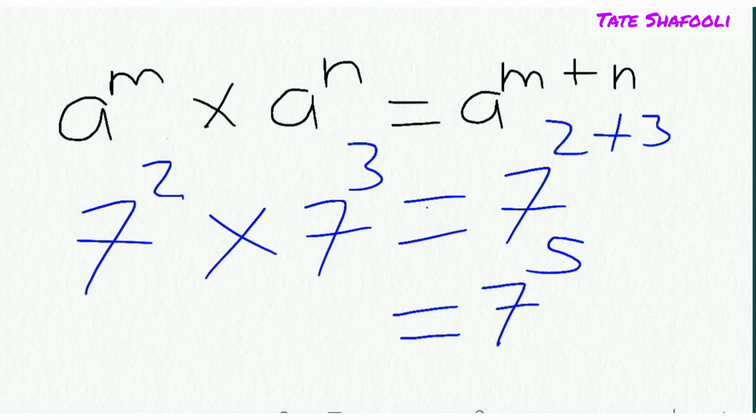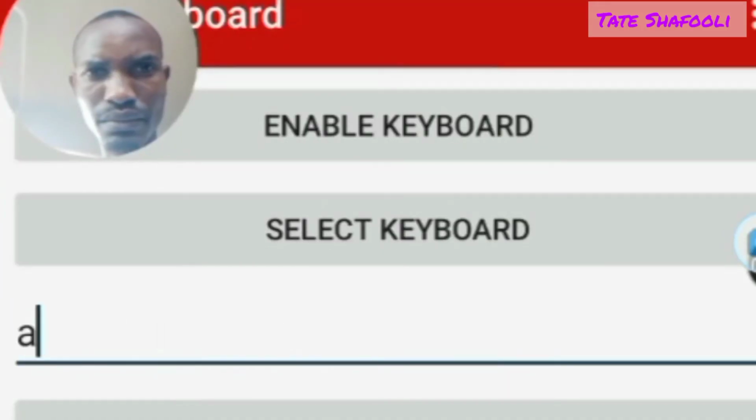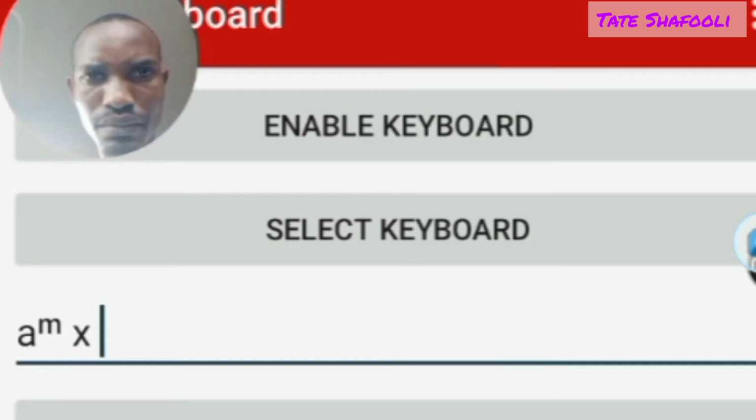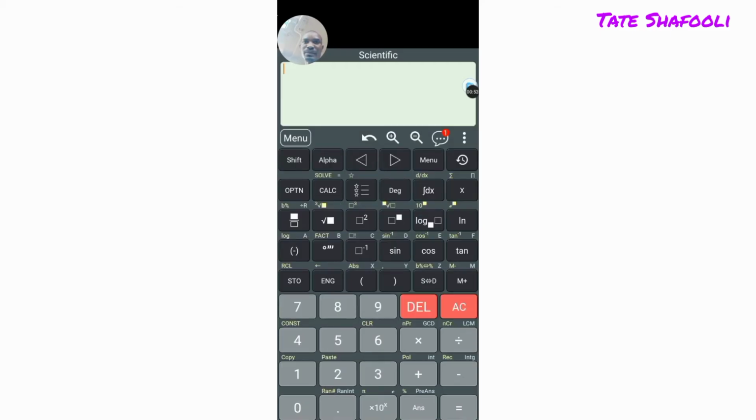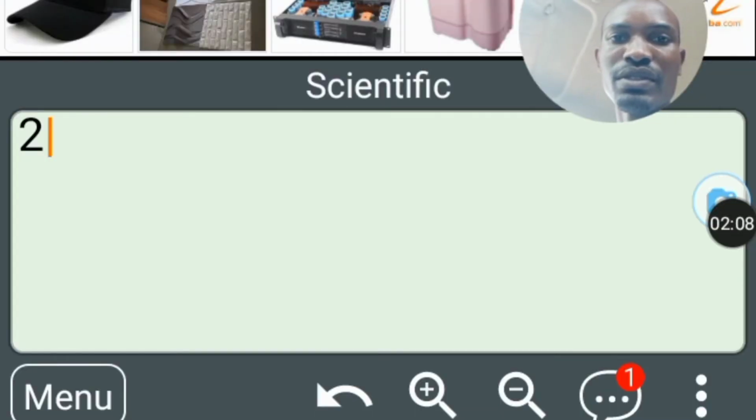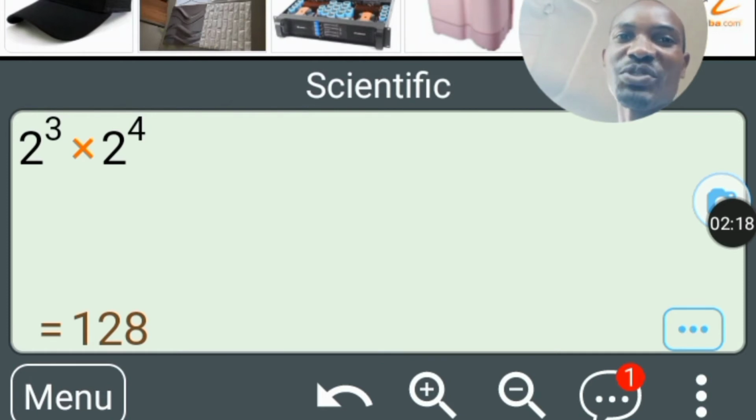Now let us prove these numbers on a calculator, because we cannot just believe it, but we must prove it. Alright, it's now time for us to prove whether this mathematician was correct or wrong. Let's prove this one on a calculator. 2 cubed multiplied by 2 to power 4, the answer is 128.